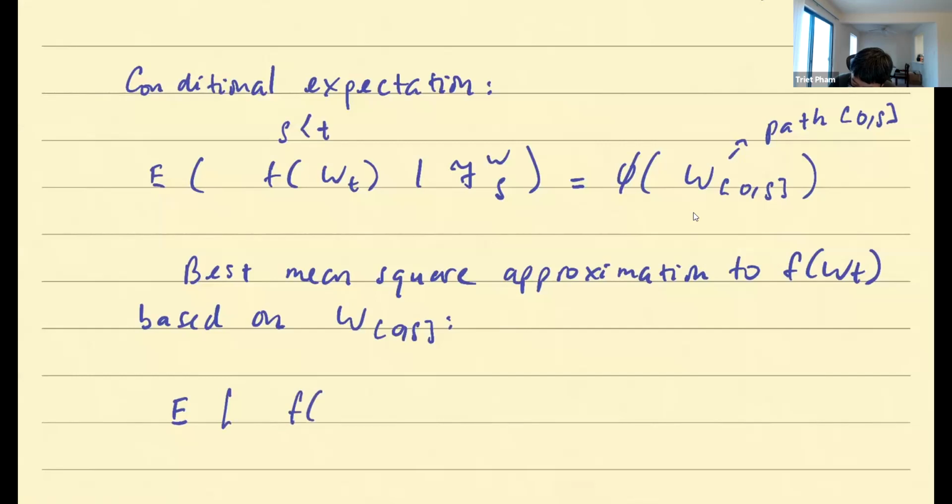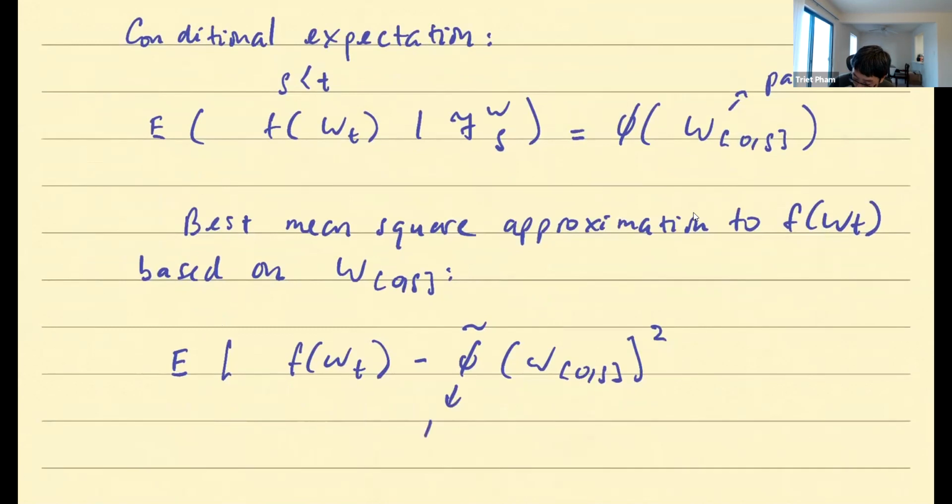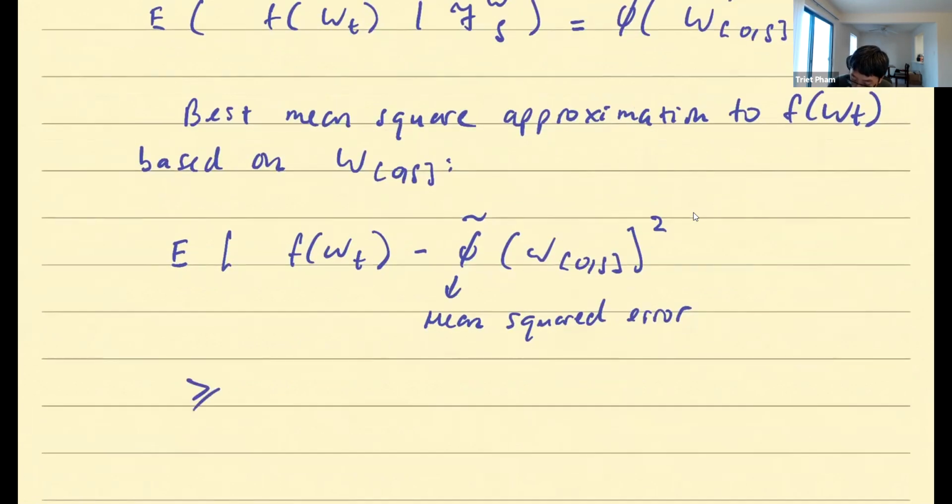If you take the mean square error of another guess, phi tilde, meaning some other guess based on the path, that other guess will always be no less than the mean square error you accrue by the conditional expectation guess.